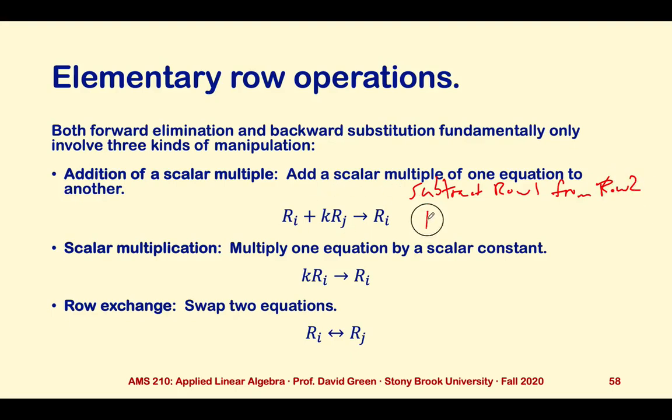It would mean we're taking row 2 minus row 1 and put that result back into row 2.